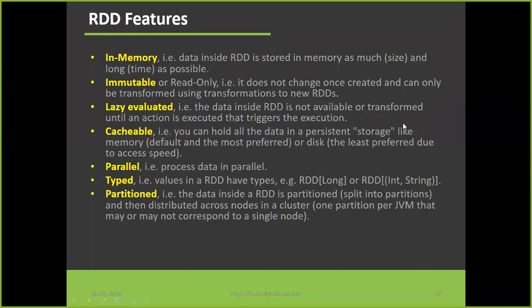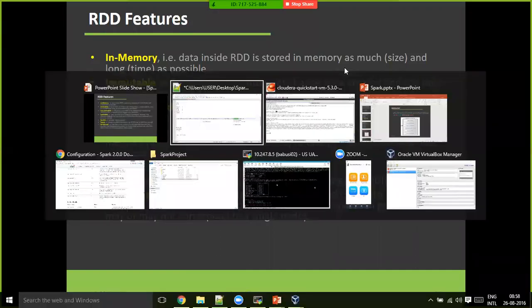Data inside RDD is stored in memory, as much as your executors can store and for as long as possible. So that is how your data gets loaded into RAM memory.